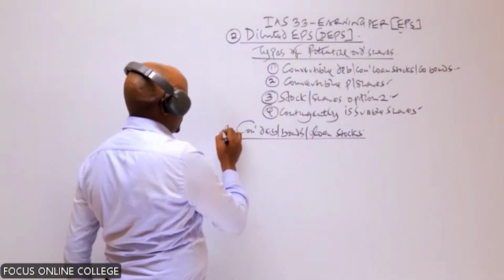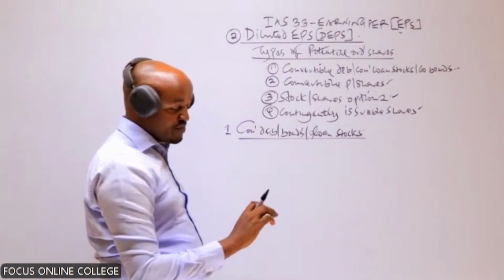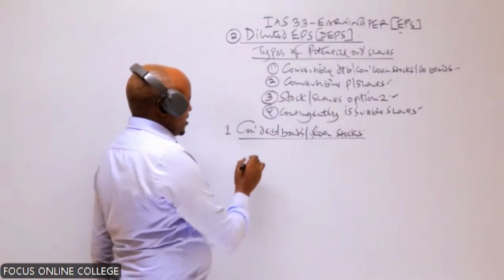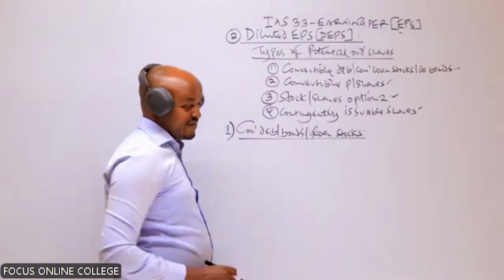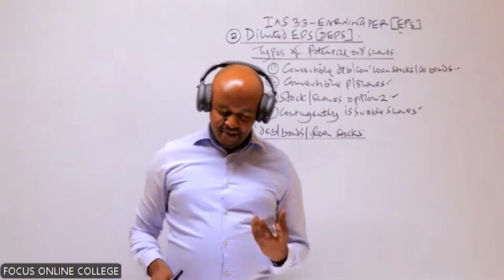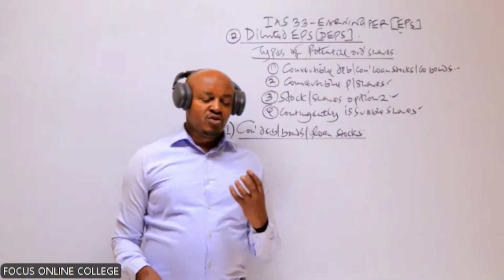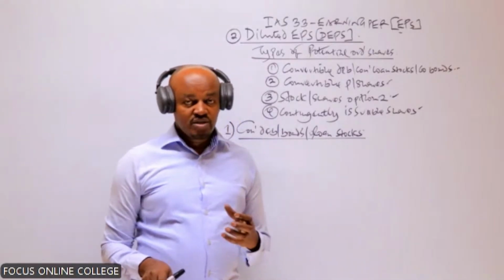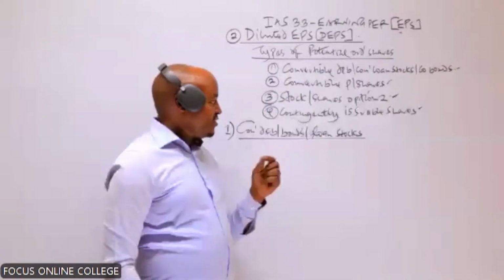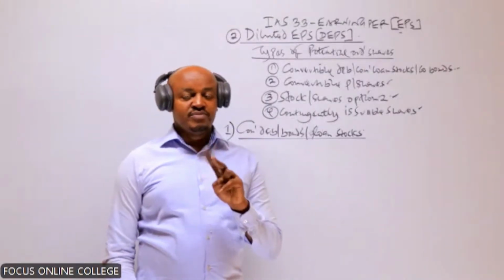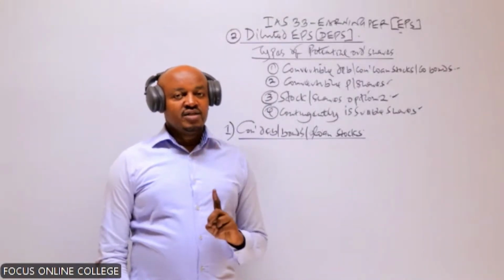Here, how do we compute the increase in earnings? How do we compute the increase in number of ordinary shares? Because in this case, if, for example, you're told a company had issued convertible debentures, convertible loan stock, or convertible bonds, for you to be able to compute the diluted earnings per share, you need to compute two items: increase in earnings, increase in number of shares.